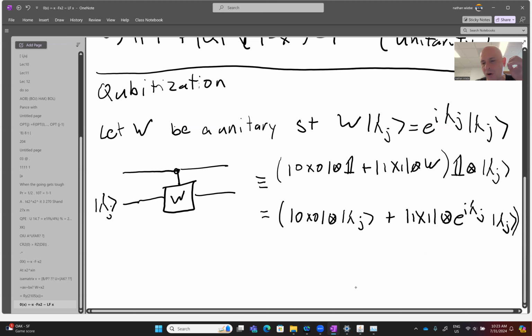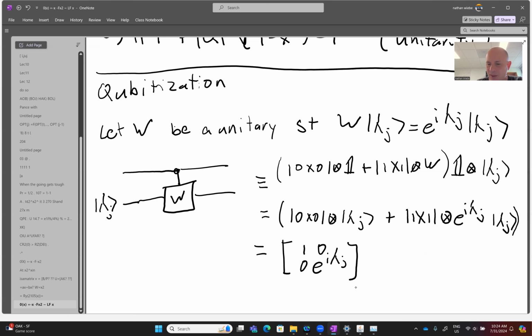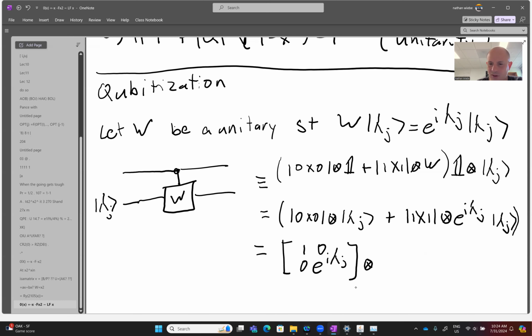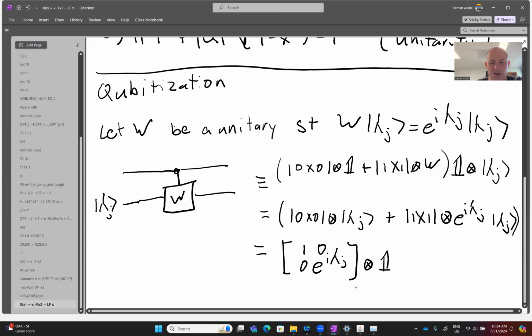But phases are associative. This is equal to the following: it's equal to diag(1, e to the i lambda j). If you're using quantum jargon, people will call this the phase kickback effect. But this is equivalent to I tensor lambda j times identity acting on the lambda j times I tensor lambda j.